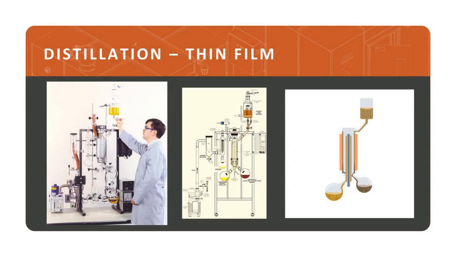So we're doing the same thing here that we did in the short path, just a little bit more efficiently. In that thin film column, the wiper column or centrifugal force column, whatever you want to call it, there's going to be a chilling element, a chilling finger, right in the middle, demonstrated again on the right. You can see the blue, almost screw-looking piece right in the middle.